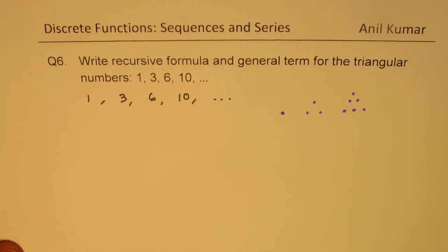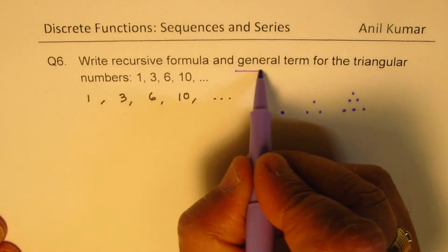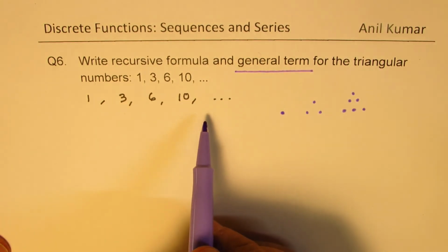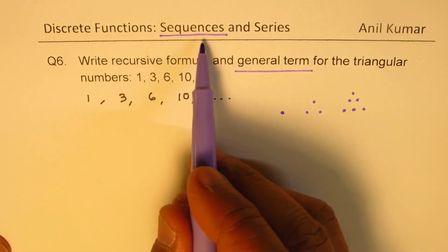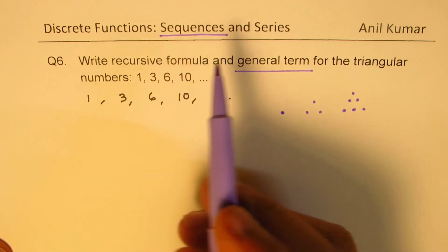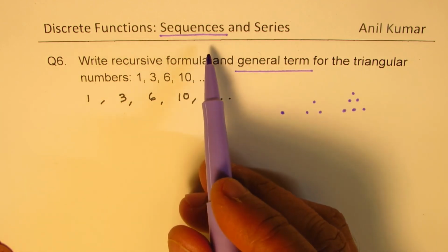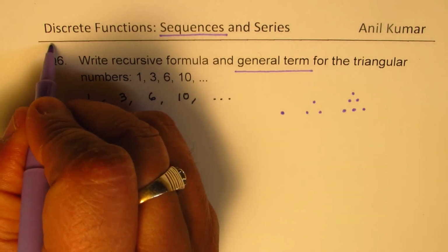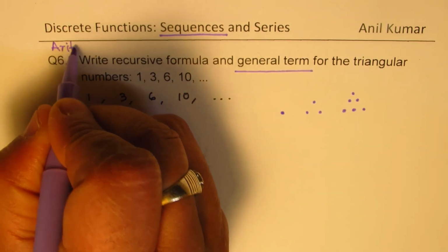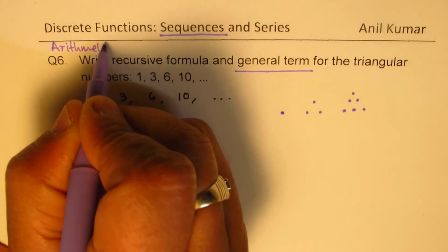Perfect. Okay. Now let's see how to find the general term. Now it is important to note that when we are talking about sequences, they could be arithmetic, geometric or others, right? So remember this.